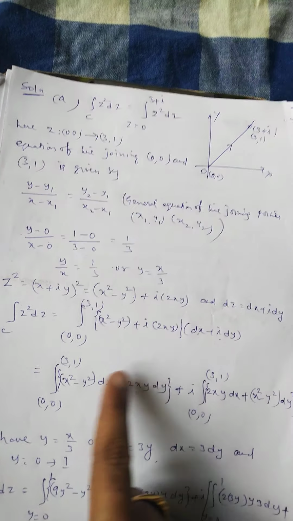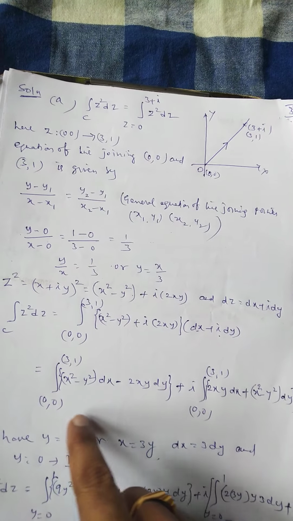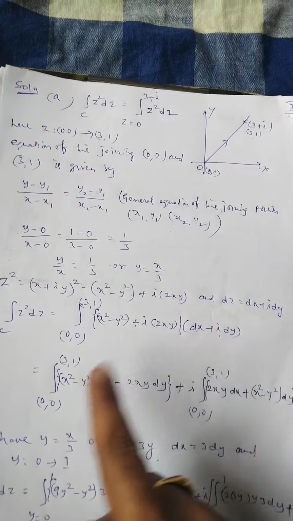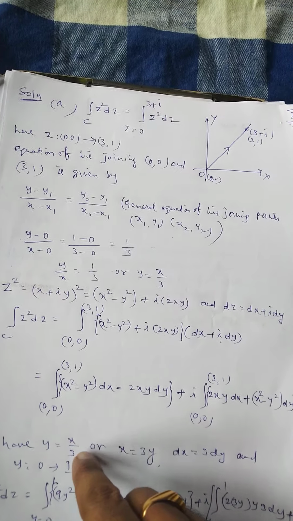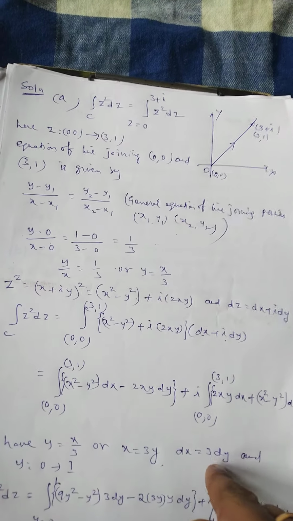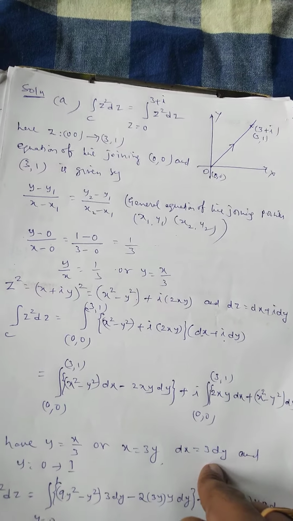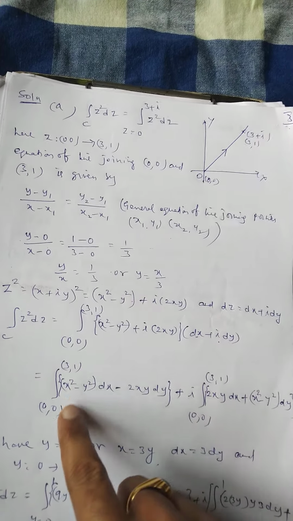Now let us convert this whole integral into a single variable, y or x, whichever it may be. We have y equal to x by 3, so x equal to 3y and dx equal to 3 dy, with y varying from 0 to 1.